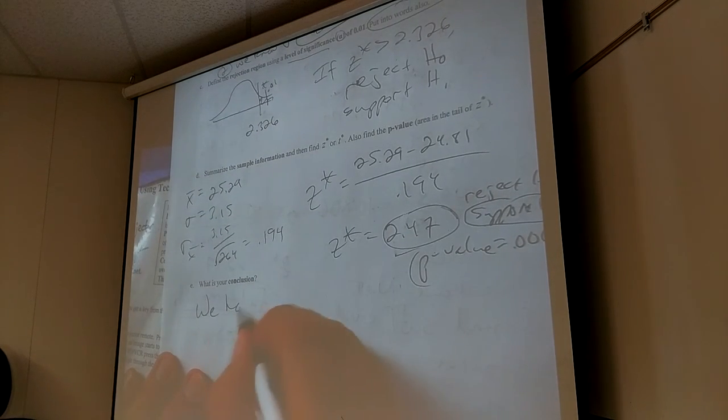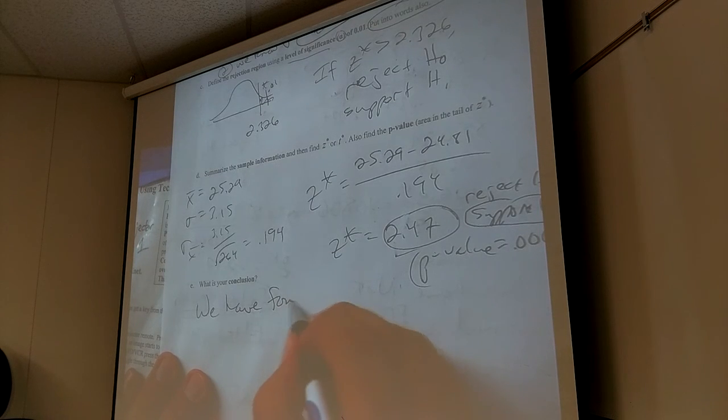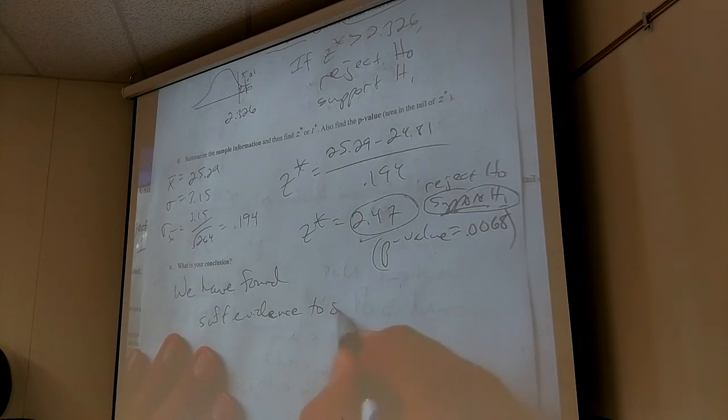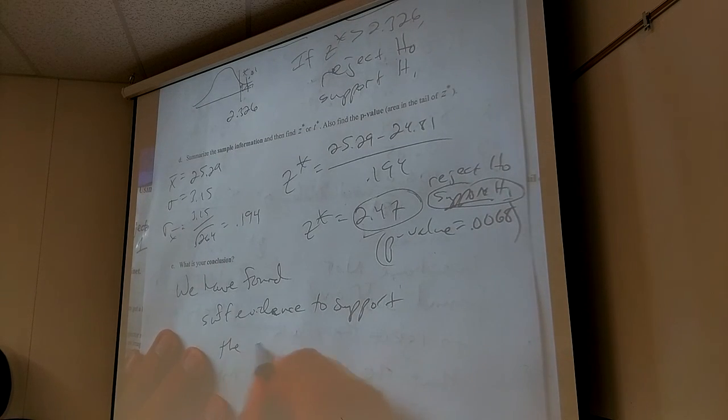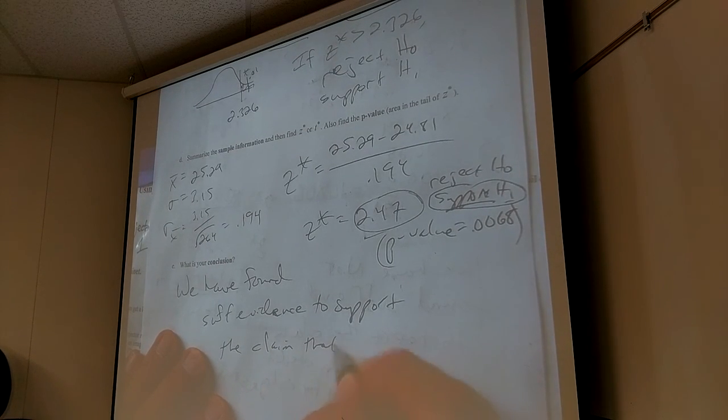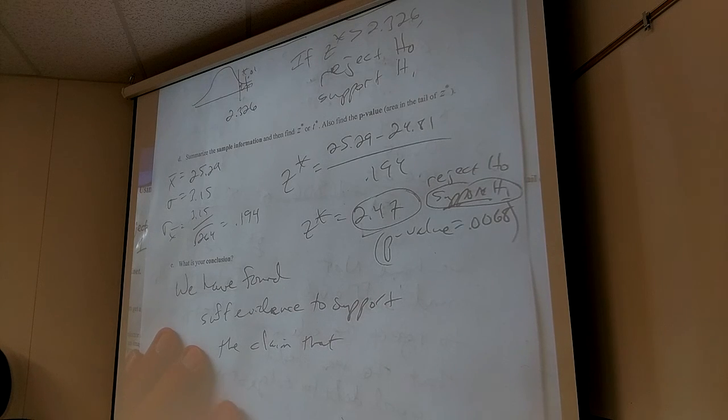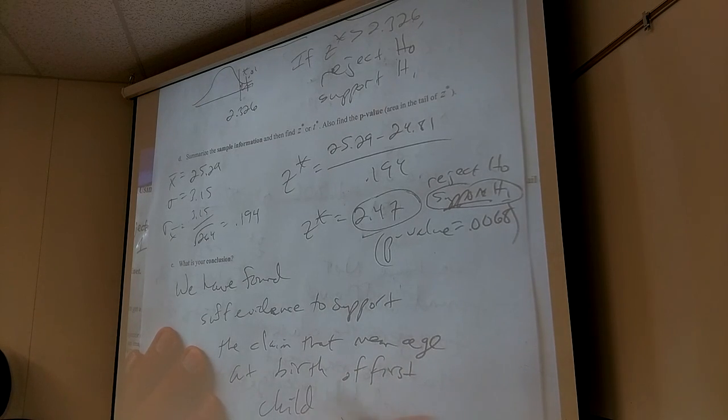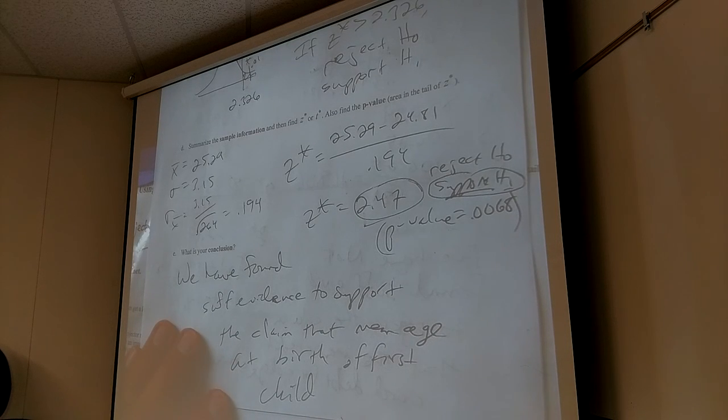We have found sufficient evidence to support the claim that mean age at birth of first child, I think I can say it's implied it's a woman, is greater than 24.81, right?